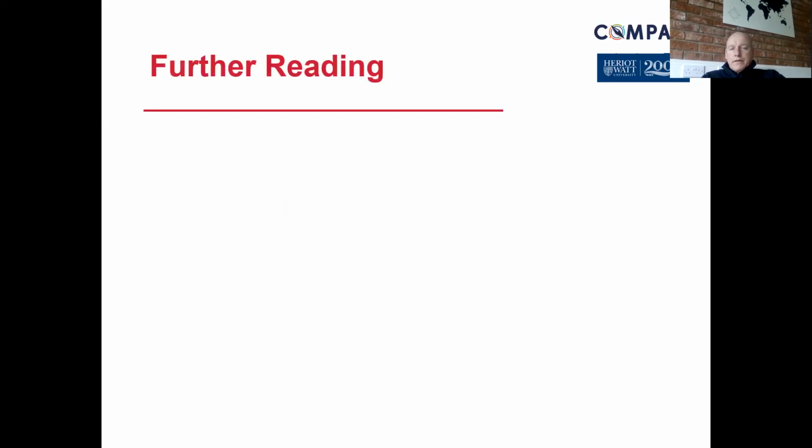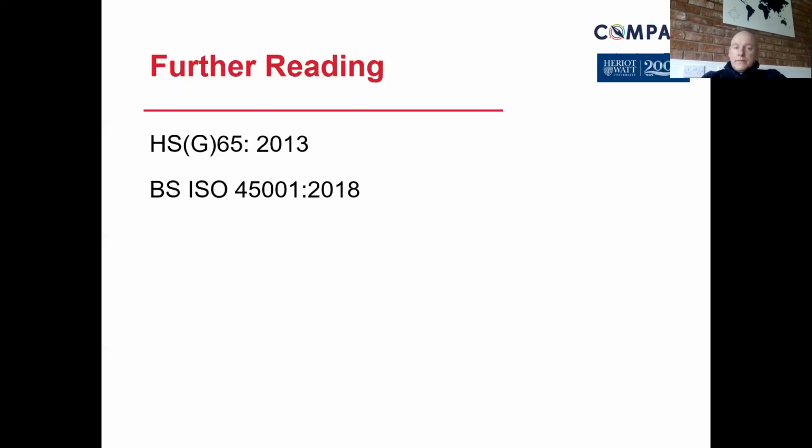Just to finish off, as we've mentioned earlier, three key documents. ISO 18001, the old version, or 45001 as such, if we just look at health and safety. The other thing is, if the quality aspect is big in terms of environment and environmental impact, then there's also 14001 as well.